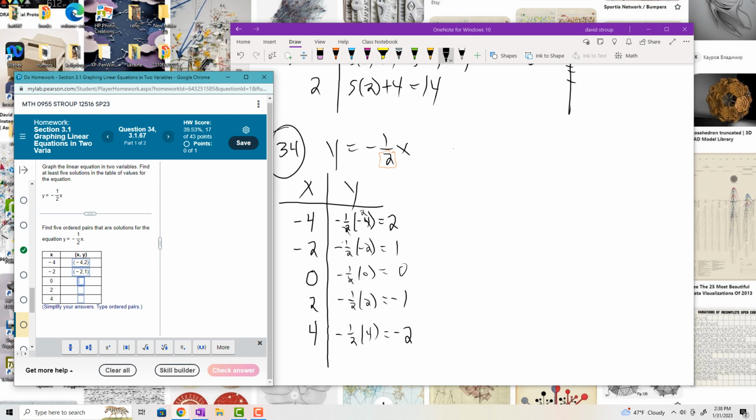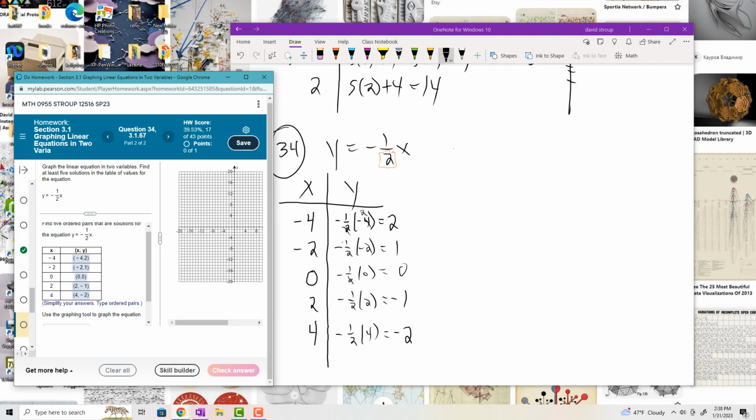And then I got 0, 0. And then I got parentheses 2, -1. And then I got 4, comma, -2. And then hope they're right. Yay. And then we go and graph 2 of the points.